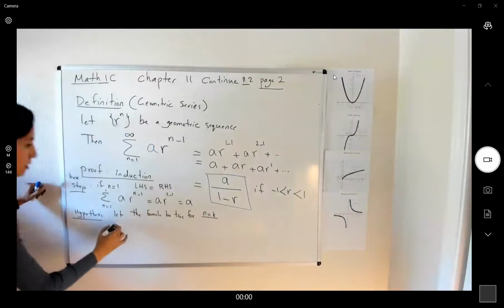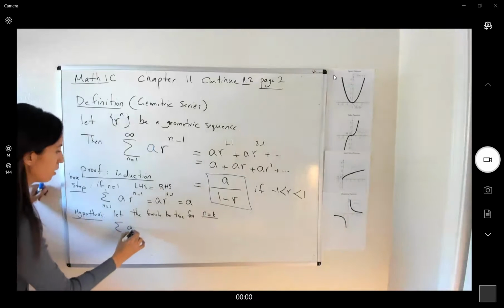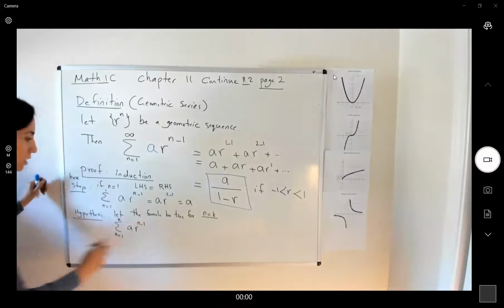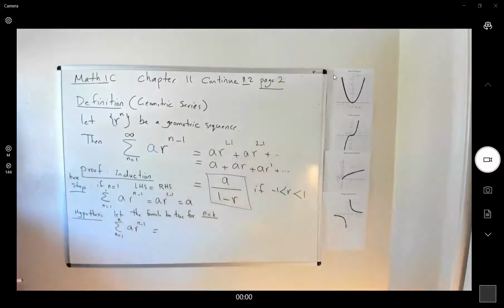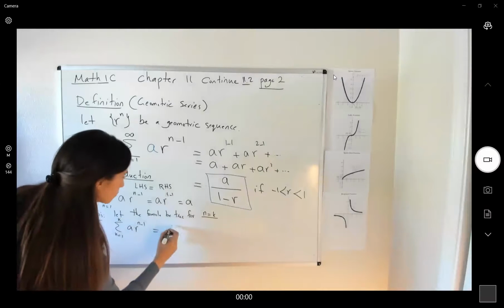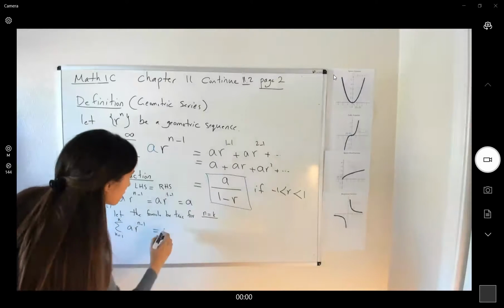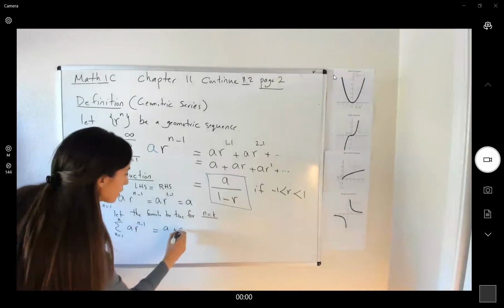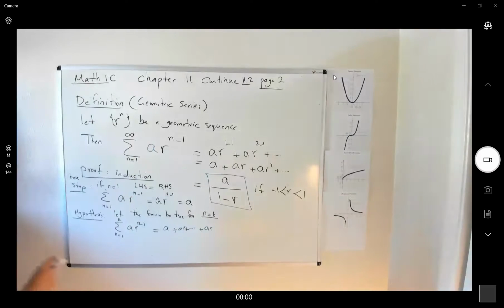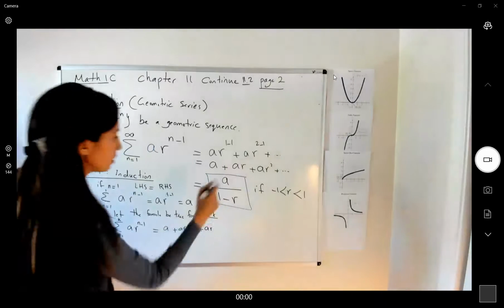It means that the sum of a r to n minus 1, n from 1 to k, is equal to, let me write this down for you, a plus ar plus up to ar raised to k minus 1.